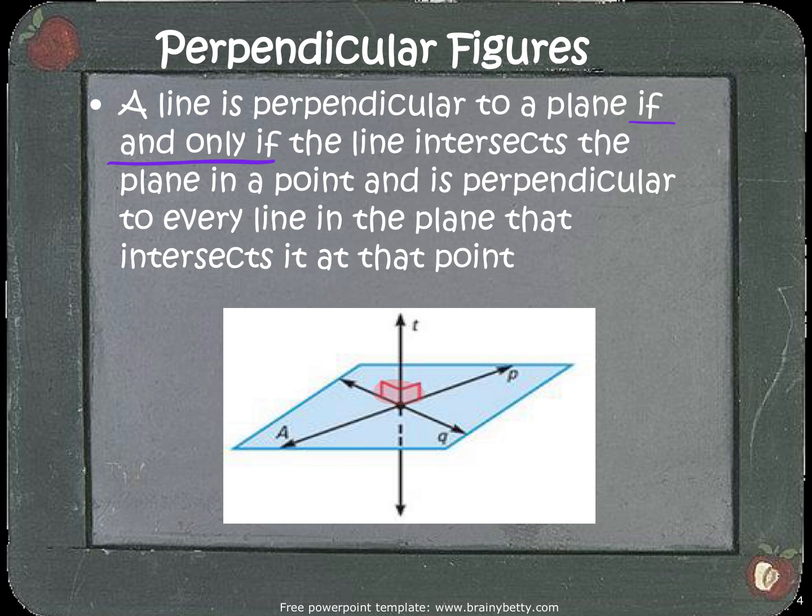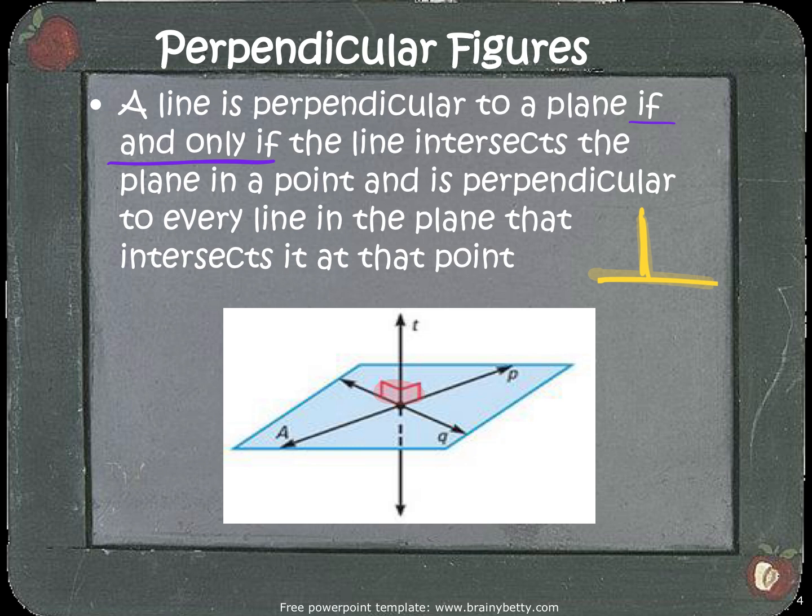So this is telling us that line T is perpendicular to line AP, and it's also perpendicular to line Q. And we can tell that by the right angles. The symbol for perpendicular is an upside down T. So if you ever see an upside down T, that's referring to the lines being perpendicular.